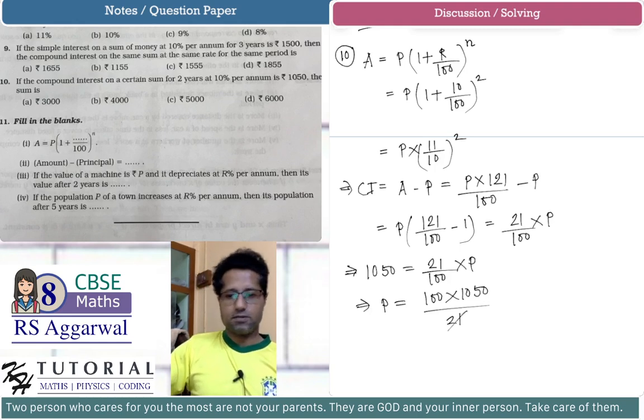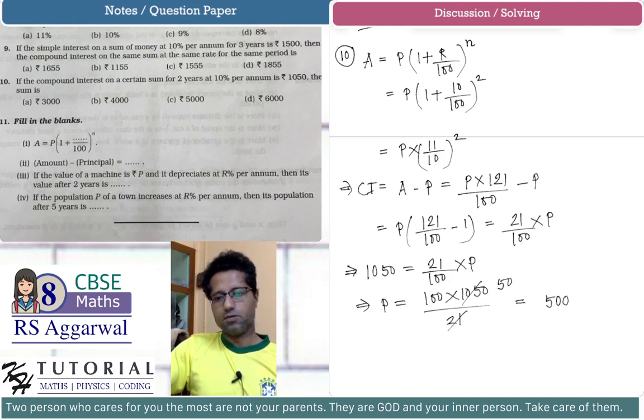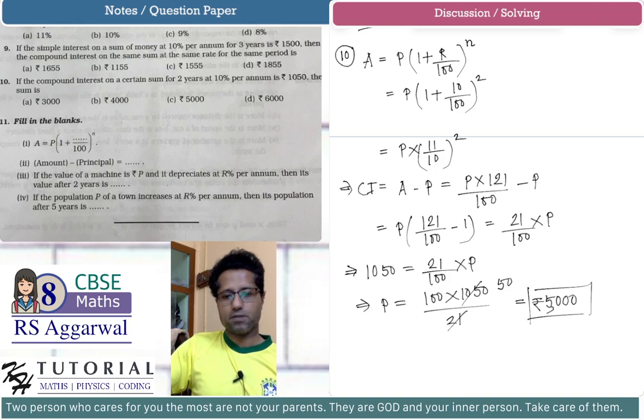So 21 divides 1050 with 50, and this is equal to 5000. So the sum is rupees 5000, and hence the correct choice is C.